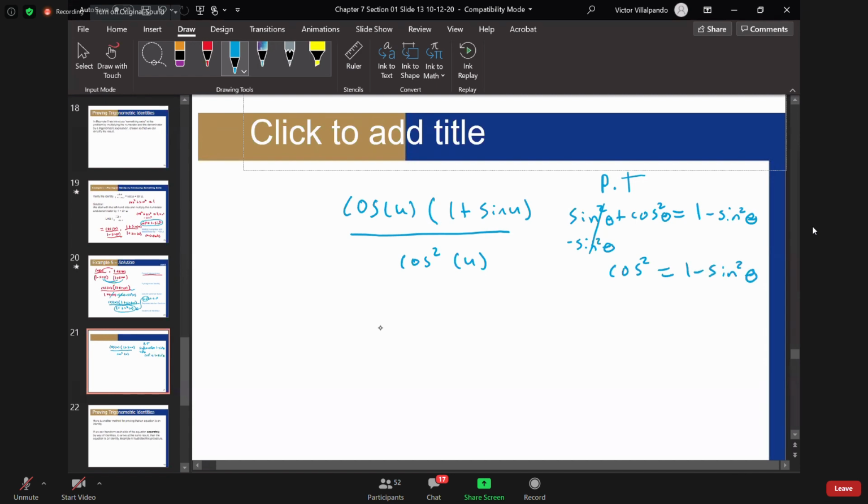So before I changed it, I had 1 minus sine squared of u. But 1 minus sine squared theta, don't worry, I can change this to u. It's whatever variable you're respecting. If you're respecting u, then everybody has to be u. All right, perfect. So that's why we're turning this into that right there.